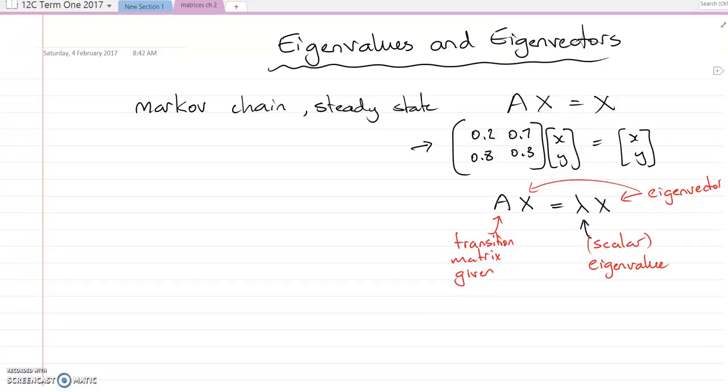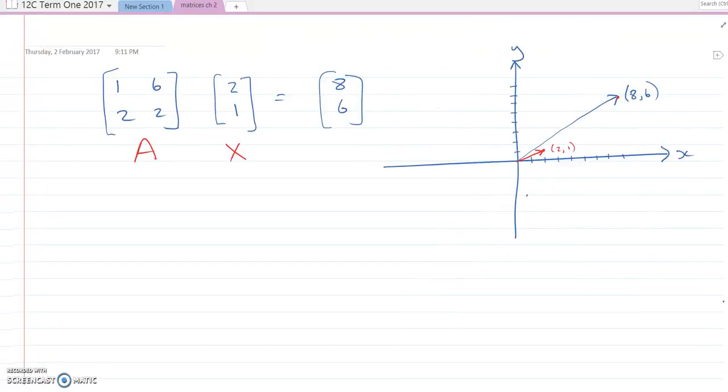So let's have a quick look at what this looks like graphically. Okay, here's an example. Here is our transition matrix A, and I've just picked a random point, 2, 1, for my x.